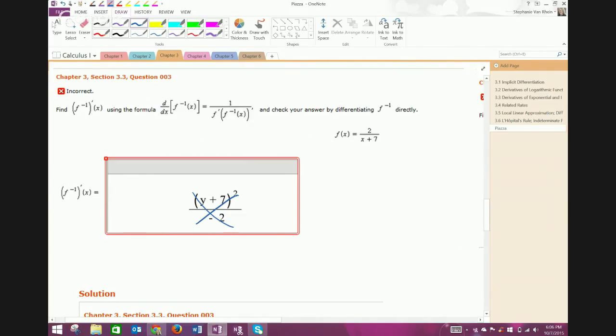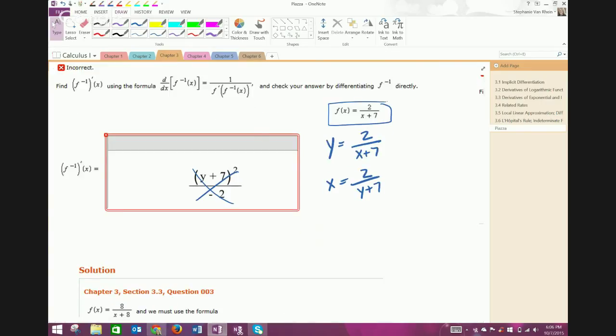Now, on this problem, you can find the derivative implicitly, right? We could say y is 2 over x plus 7. x is 2 over y plus 7. This is the process of finding the inverse function.